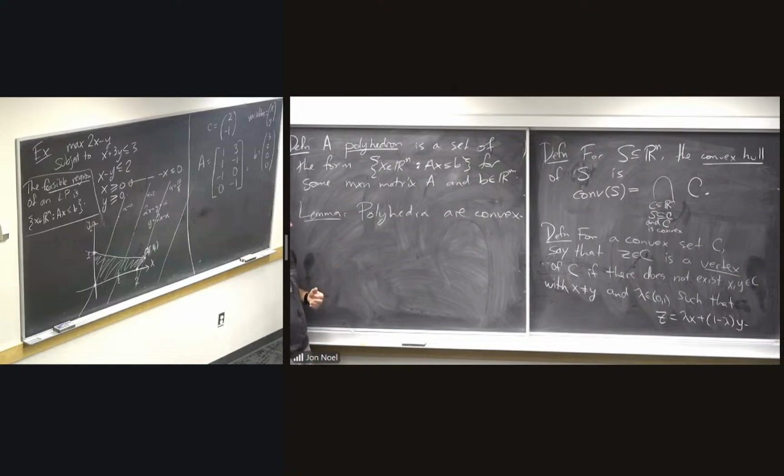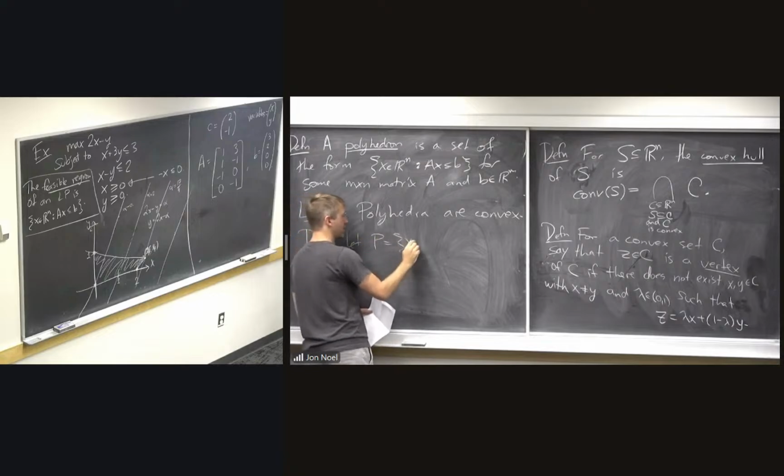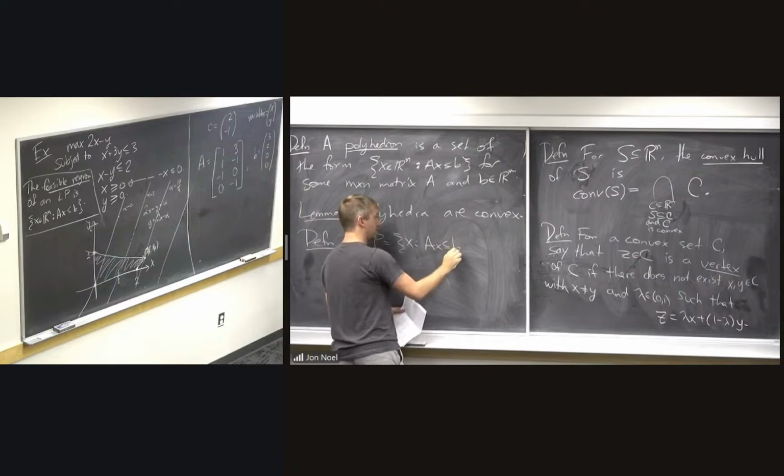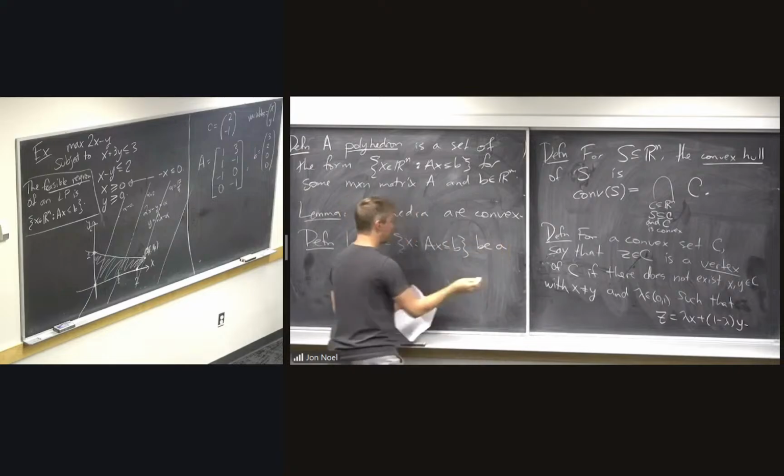Now I want to give you an algebraic definition of what the vertices of a polyhedron are, a way of determining whether a feasible point is a vertex or not. I need a definition. So let P, the set of all x such that Ax is at most b, be a polyhedron.